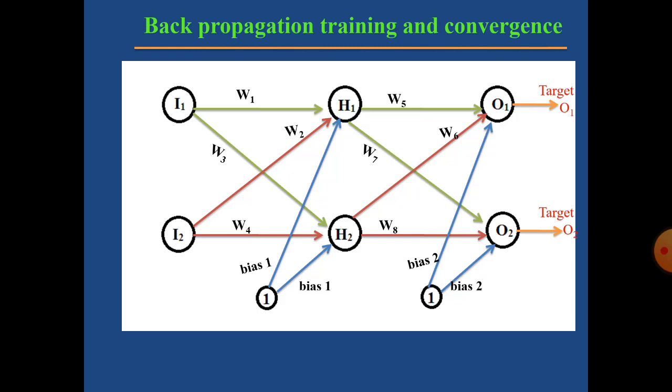We are comparing the actual output with the desired output. If there is any error, we move in the backward direction, and while moving backward we adjust, or update, the synaptic weights. That's what we are going to do.